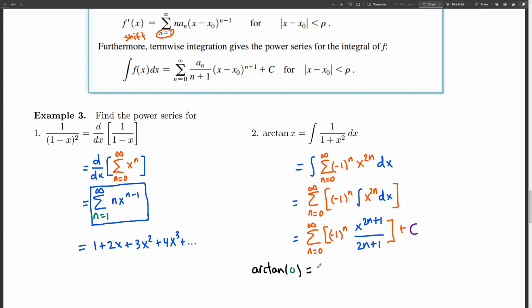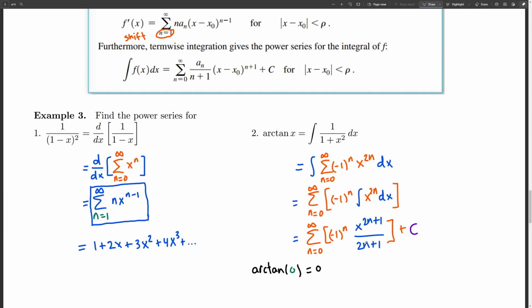So this equals 0. But when we plug in 0 for this formula, let's take a look at what happens. We plug in 0 here.